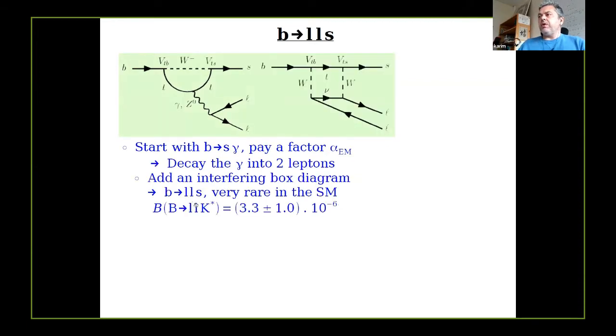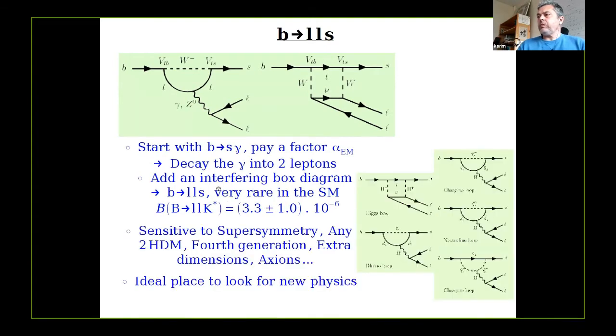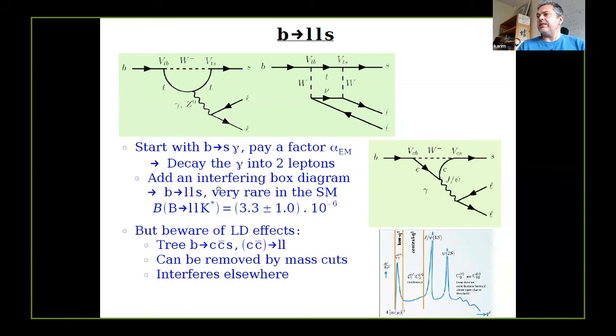And so this time, even after adding the contribution from the interfering box diagram, B2SLL is confirmed to be quite rare, very rare. So we are talking about 10 to the minus 6. Okay, an ideal place to look for new physics.